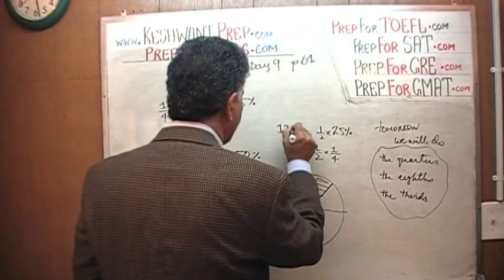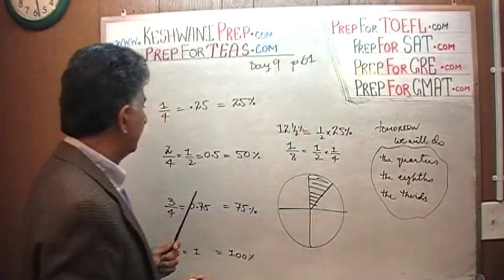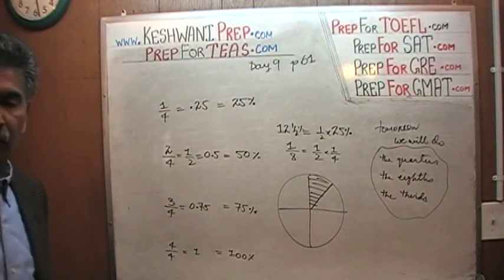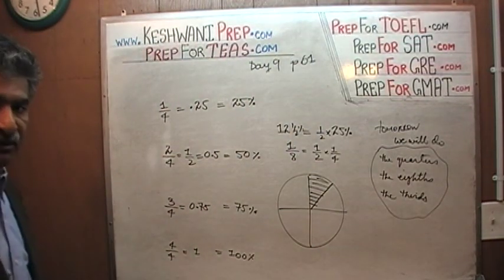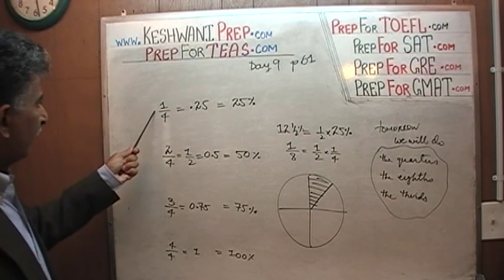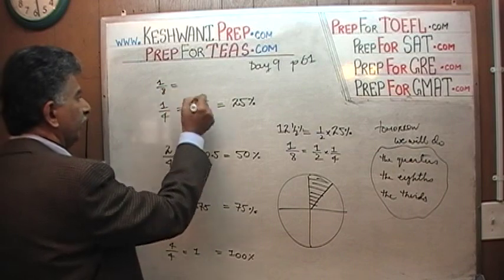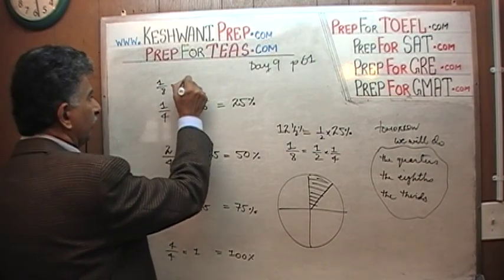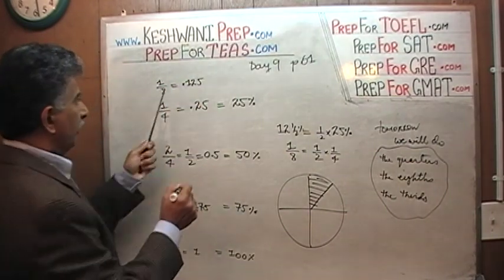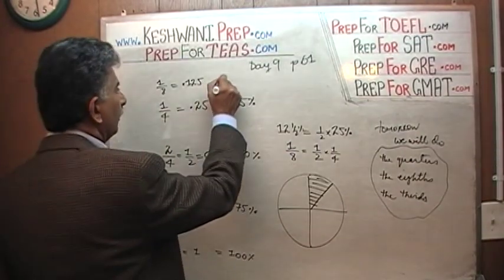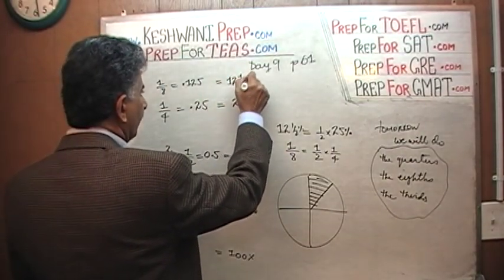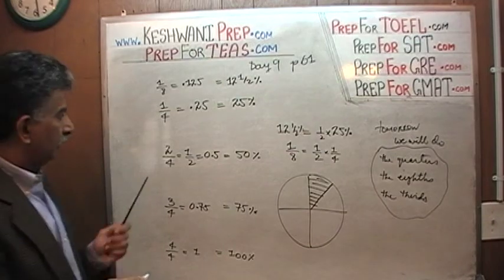So what we have to do here is just keep adding 12.5 to each of the previous numbers, and we'll get our eighths. So the very first one is going to be half of that amount, instead of 25, it's 0.125, which is 12.5%. Voila.